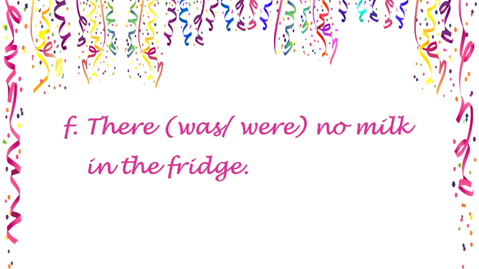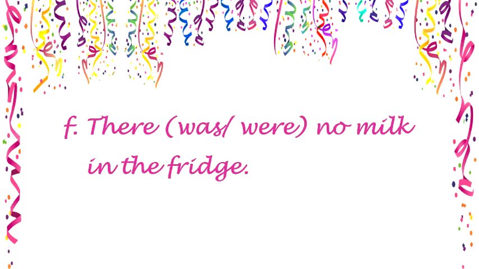Next, there dash no milk in the fridge. The choice is was or were. Now dear children, when we have sentences starting with the word there, we have to see what we are talking about. Here in this sentence, we are talking about milk. Now again, milk is an uncountable noun.